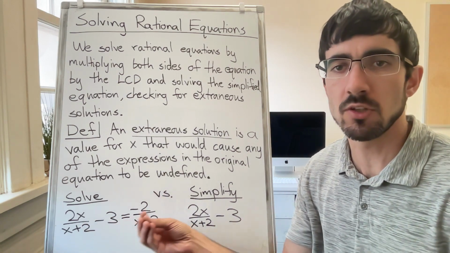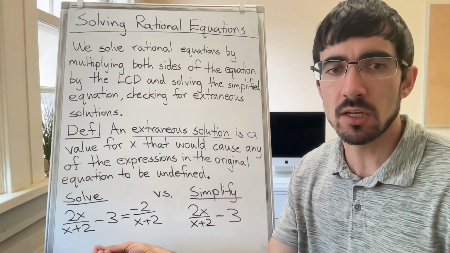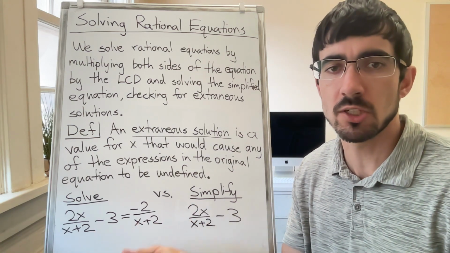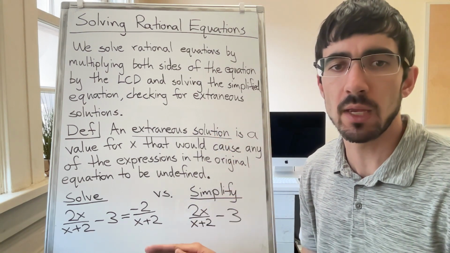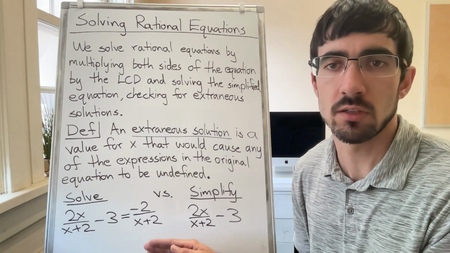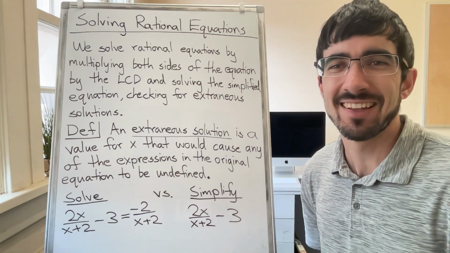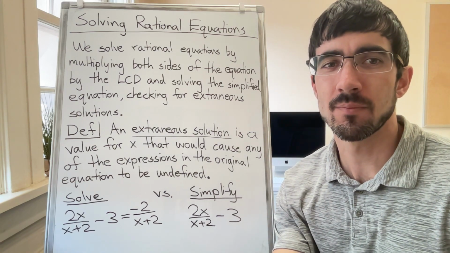If I do all the algebra and it leads to that solution, I have to reject it. It's an extraneous solution. It's not even in the domain of these expressions, and I would just say there is no solution to the equation. Let's look at a couple examples of solving rational equations.